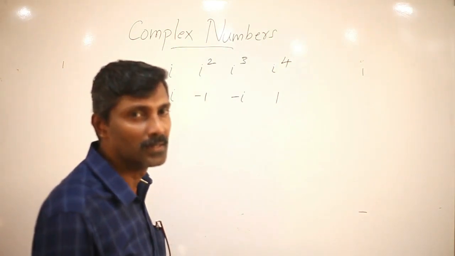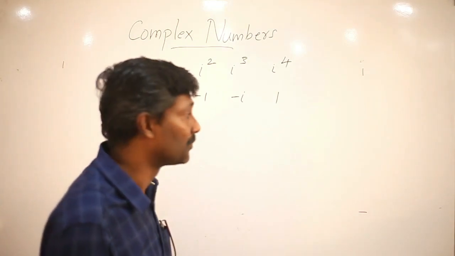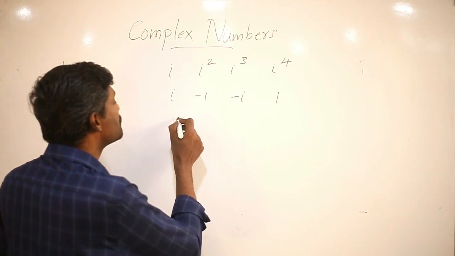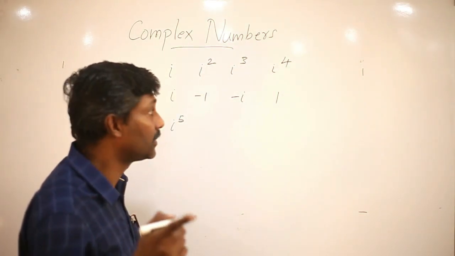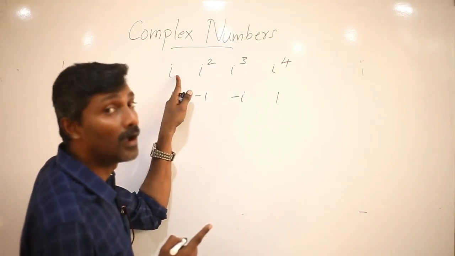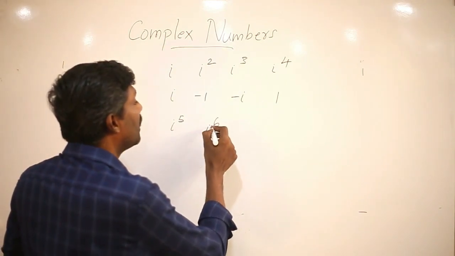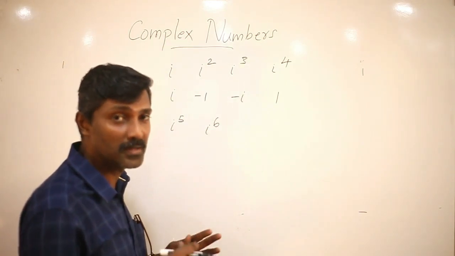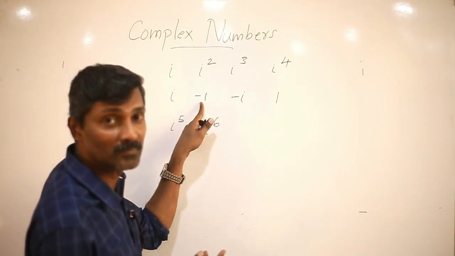Now, if you want to find out the higher values of i after this, the next 4 powers of i, it is very simple. The same values will be repeated. Okay, that means i raised to 5 is i raised to 4 into i, right? And we know that i raised to 4 is 1. So 1 into i will give you i itself. And what is i raised to 6? i raised to 6 is i square the whole cube, which is minus 1 the whole cube, which is minus 1.